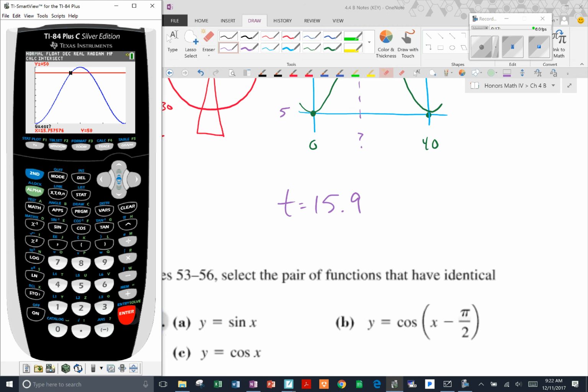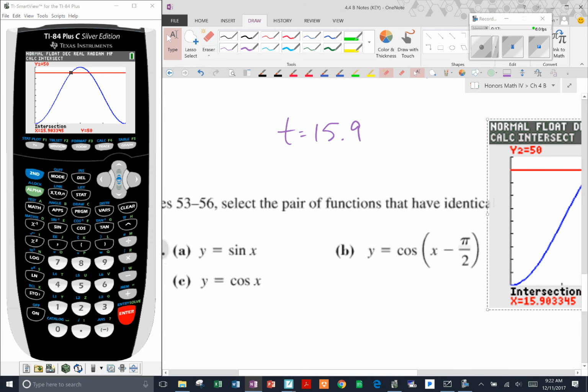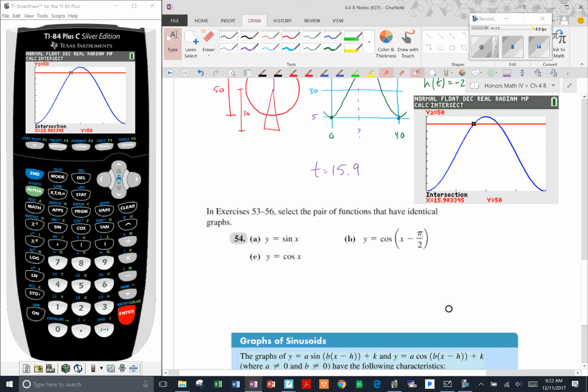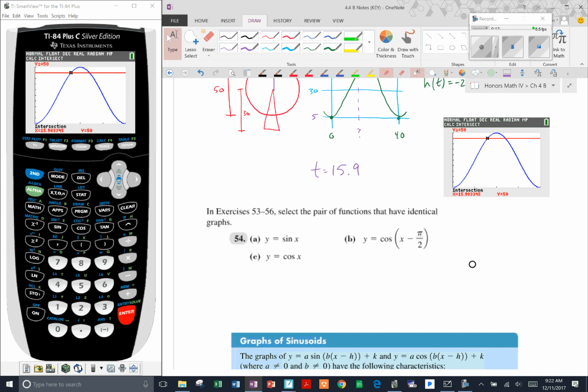Want you to guess. I'm pretty darn close. Make sure you're doing the intersection on the left because of the way that the question is worded. You want to find that first intersection. So there we have 15.9. So about 15.9 seconds after it hits the low point, you will be 50 feet off the ground.